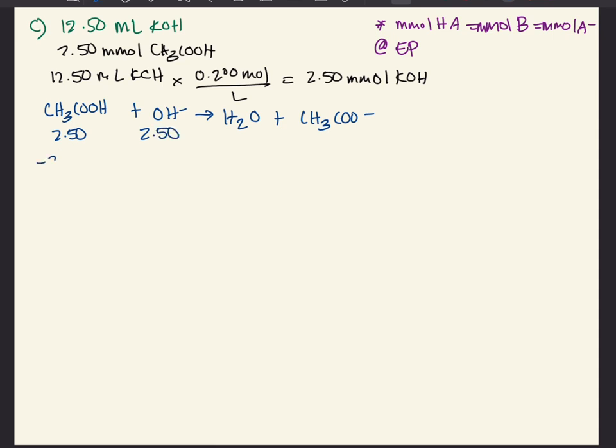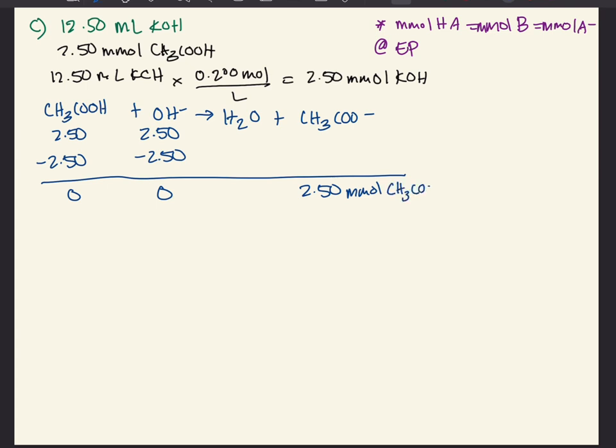So that means that they will both be completely consumed. So I won't have any acid, I won't have any base, and all I have present is my conjugate base. So we don't have any acid at all. So we cannot use the Henderson-Hasselbalch equation. We only have conjugate base present.